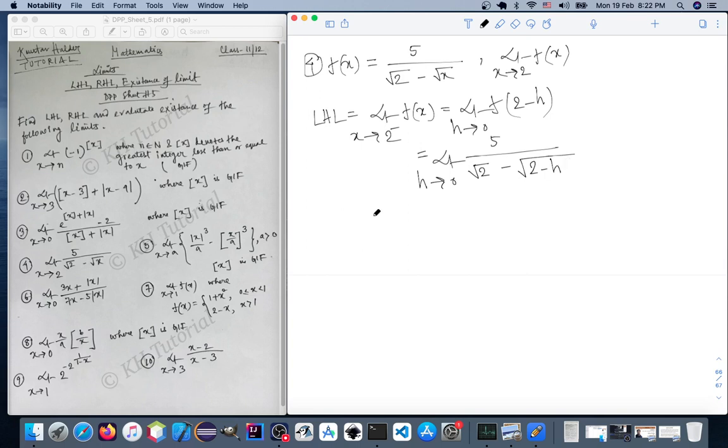Okay, let's rationalize the denominator and we get (root 2 plus root 2 minus h) divided by (root 2 minus h).